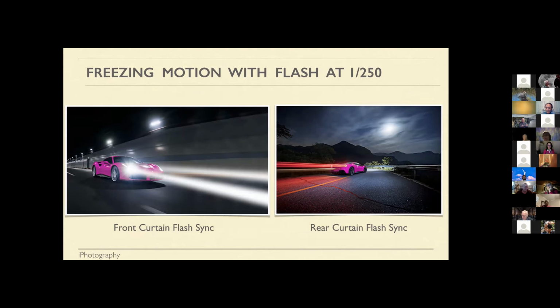The reverse happens if you use rear curtain sync: the sensor is open, the car moves through the scene, and the flash captures it at the end. You can use either one of those to photograph automobiles very effectively. You've seen it in all kinds of magazines.